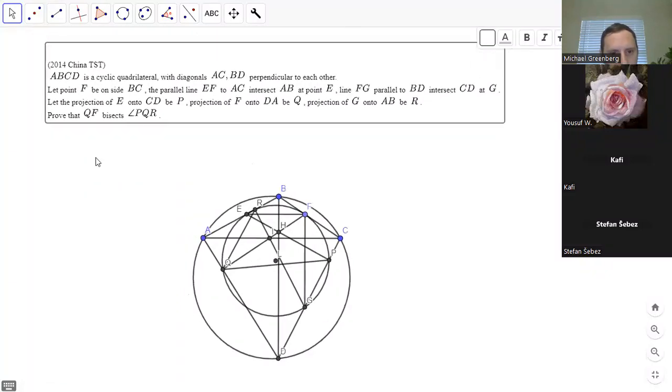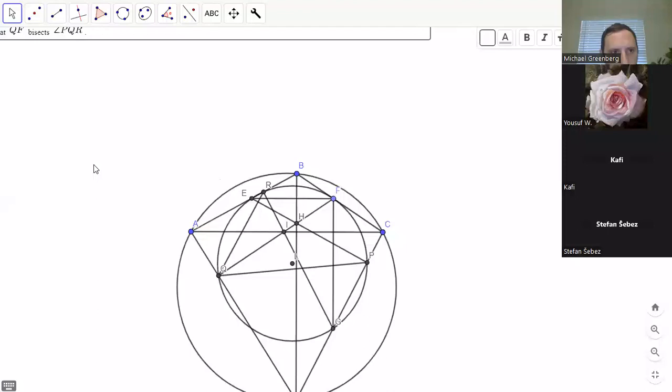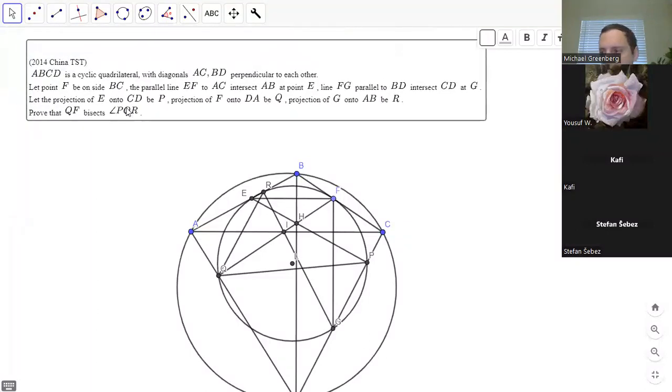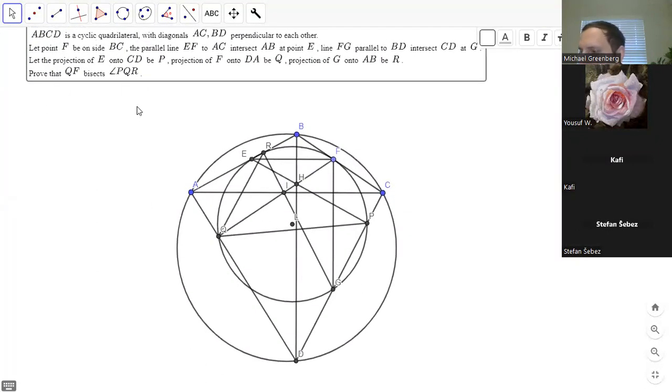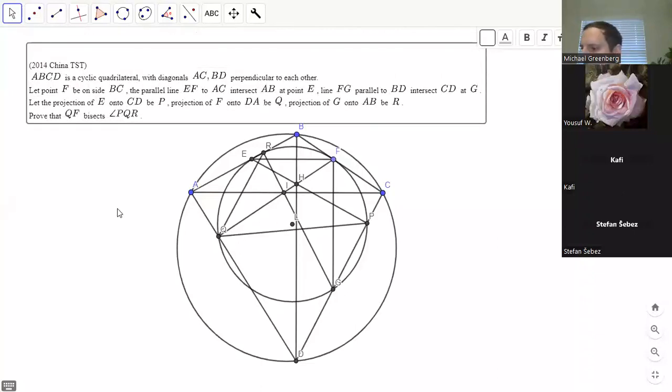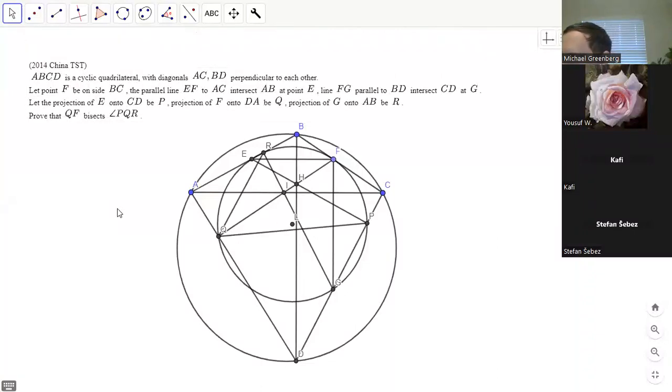Actually, we can easily angle chase that FR is equal to FP. Oh, really? Yeah. All right. So we just need to show that Q lies on the circle.